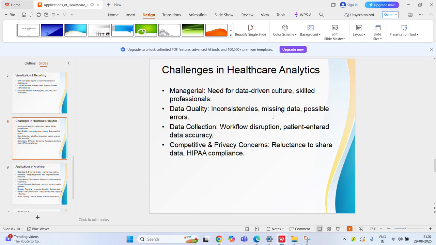Then we have data collection. Data quality and the data collection process are actually linked in some way. Once data quality is compromised, it can be tremendously expensive to overcome. Therefore, it is critical to focus on high quality data collection.